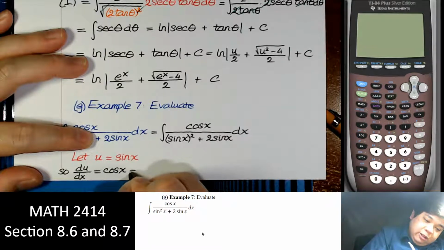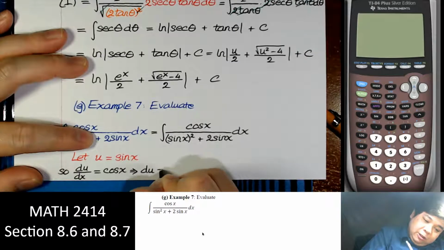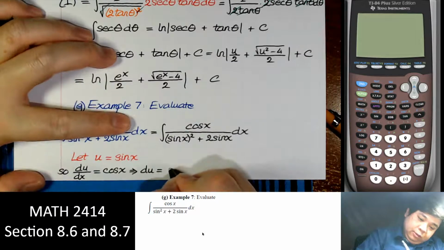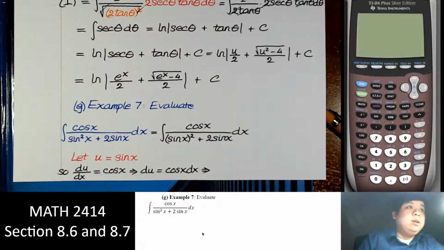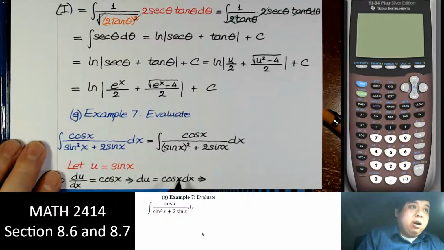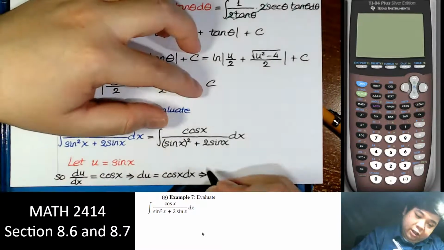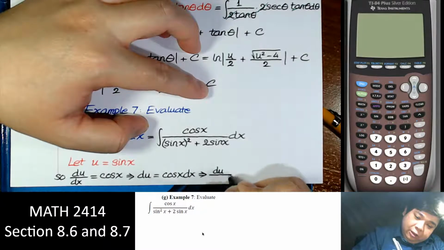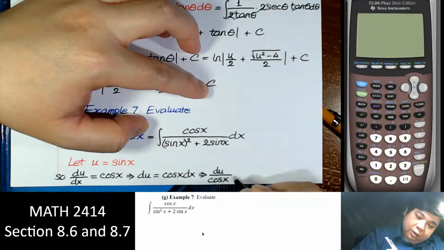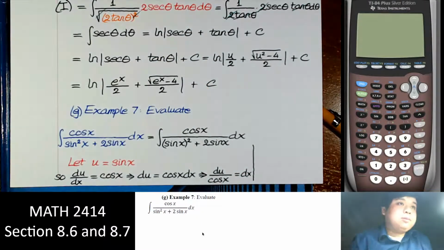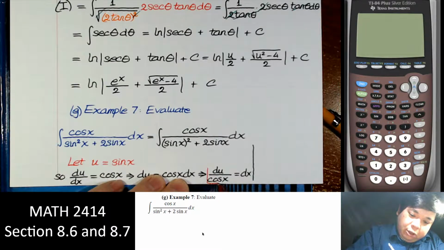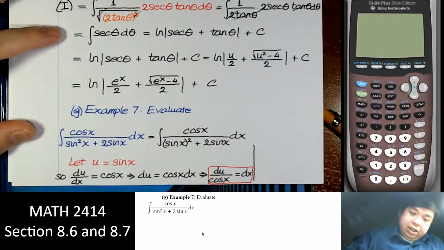Move the dx over, and then divide by the cosine. Right? So pretty standard u substitution. Substitute back in here.